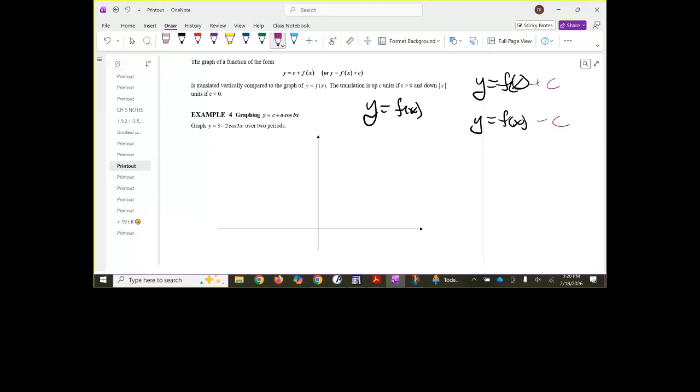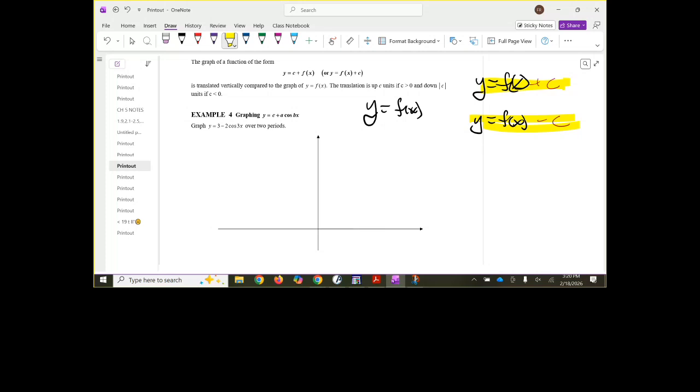If you notice what I have right here, y'all, we have made a change to our original function. Our original function was y equals f of x. Now we have either a plus c or a minus c. Guys, I'm going to ask you a question. Is that plus or minus c inside my parentheses or is that outside? Outside my parentheses. Okay, guys.